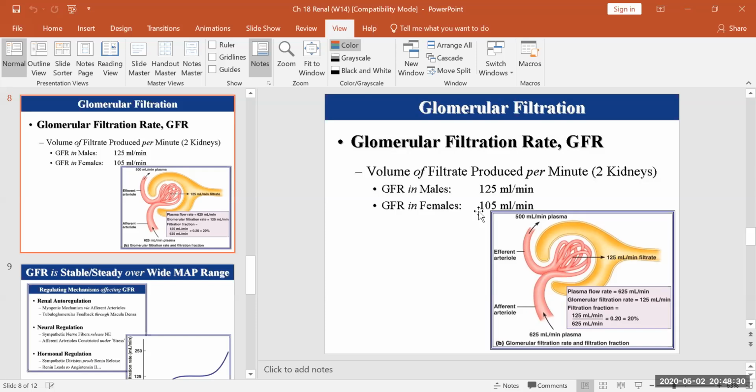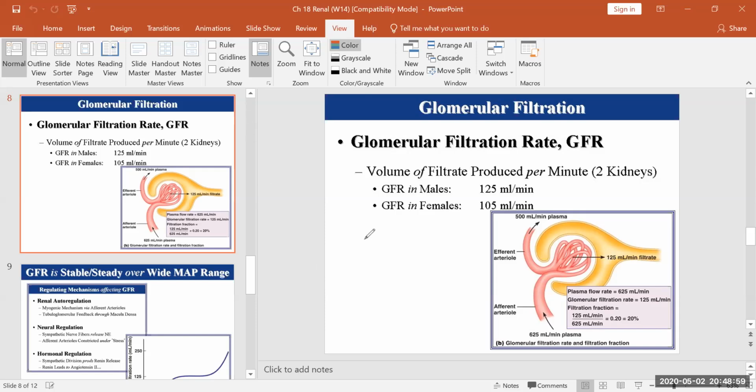So in other words, every minute, anywhere from 100 to 125 cc's of blood plasma are being filtered by the human kidneys.